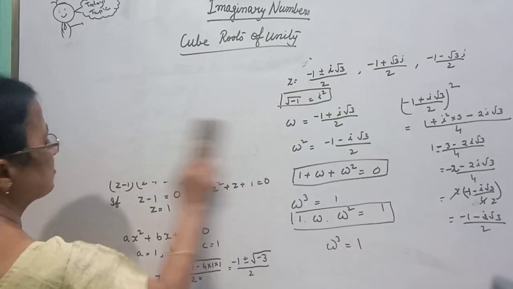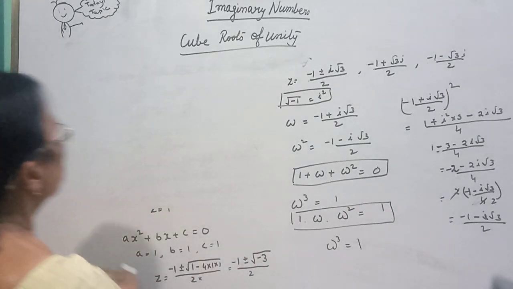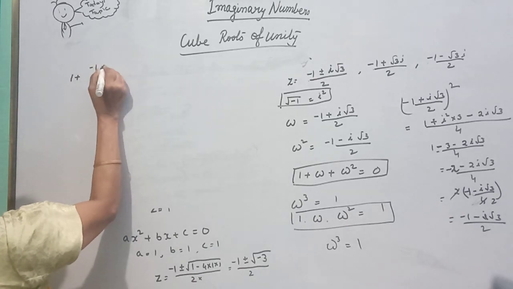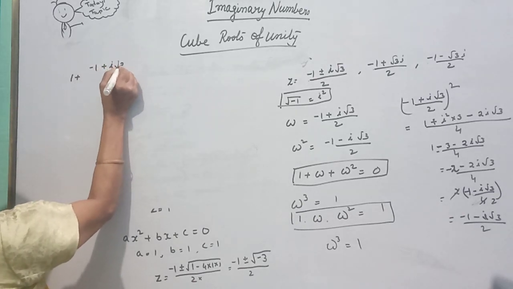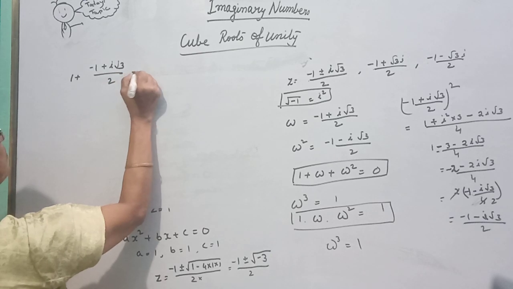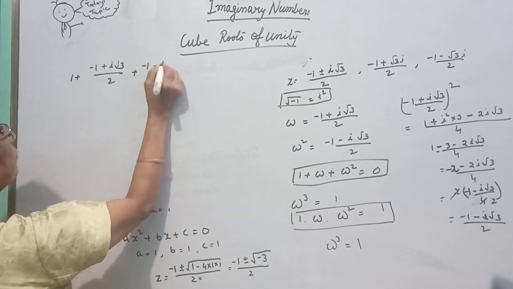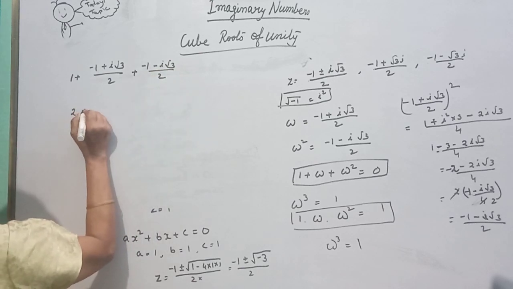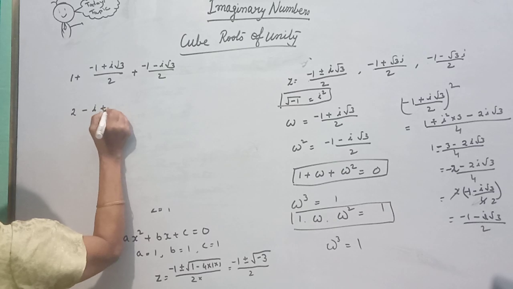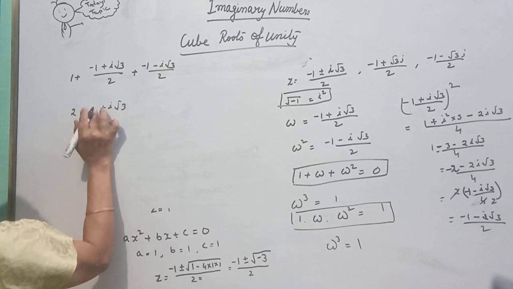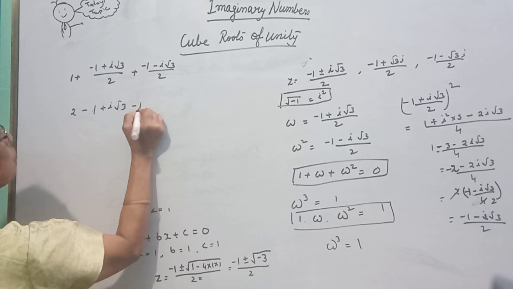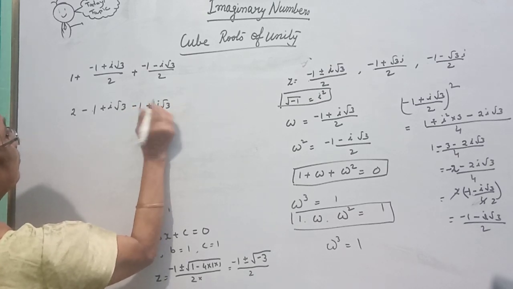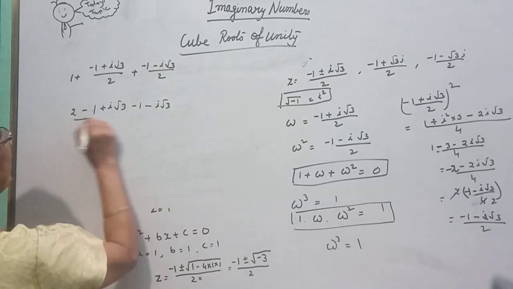1 plus omega plus omega squared is equal to 0. 1 is fine. Omega is minus 1 plus i root 3 divided by 2, and this is plus minus 1 minus i root 3 by 2. So let us take the LCM. This is 2 minus 1 plus i root 3 minus 1 minus i root 3 divided by 2.